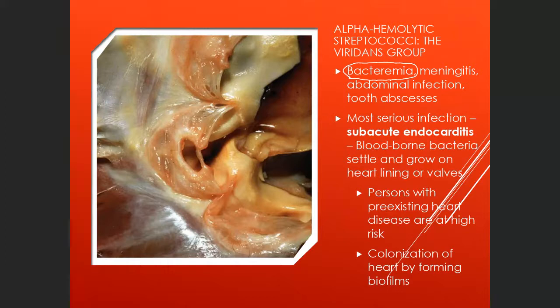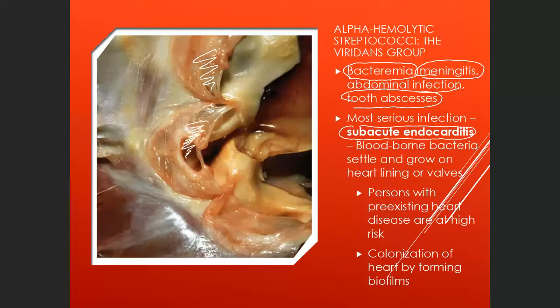It can cause meningitis if they go to the nervous system, abdominal infection, and tooth abscesses. The most serious infection of Streptococcus viridans is subacute endocarditis, which causes problems on the lining of the cardiac valve. So it's going to cause some problems with the heart contraction and also blood circulation.